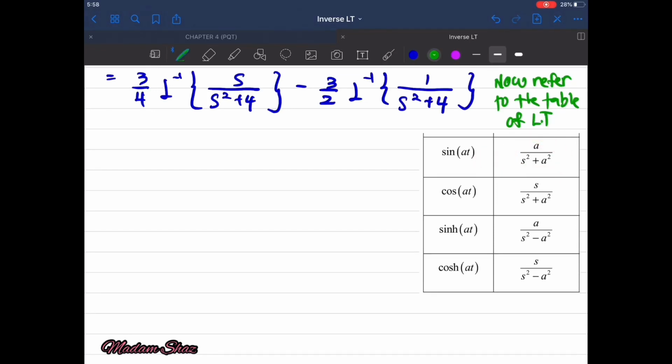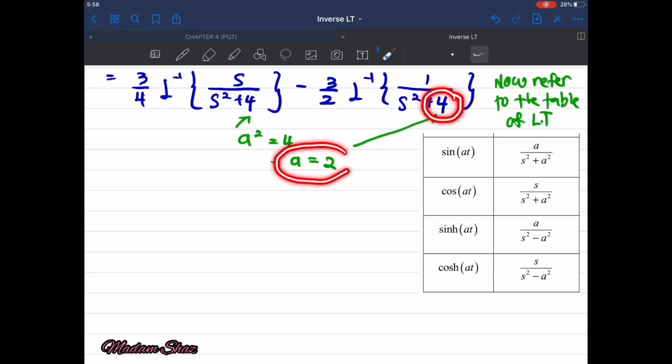So now, from the first curly bracket, you have to determine what is the value of a. So our a square is equal to 4. So therefore a is equal to 2. The same thing for the second curly bracket, whereby our a square is equal to 4. So therefore our a is equal to 2.